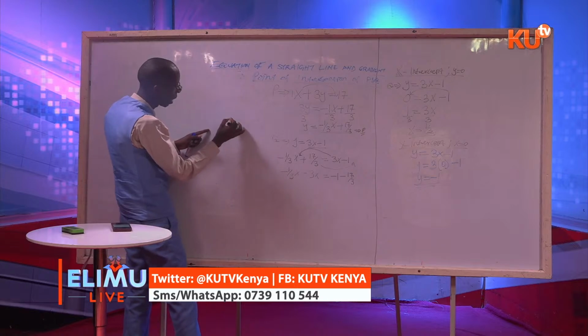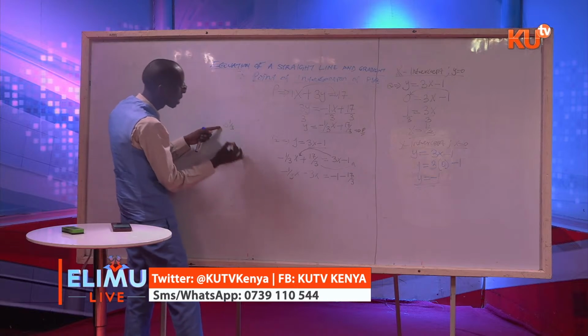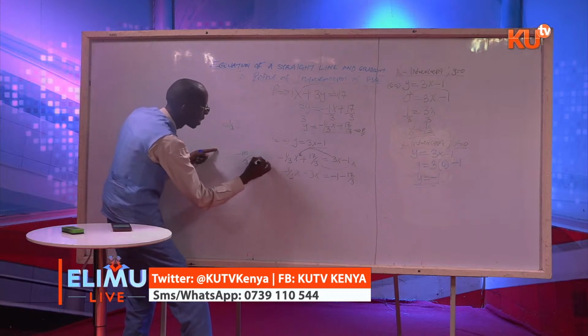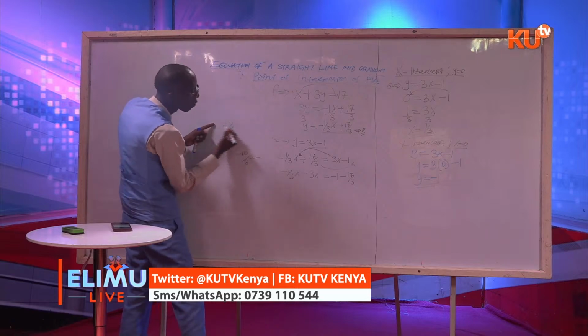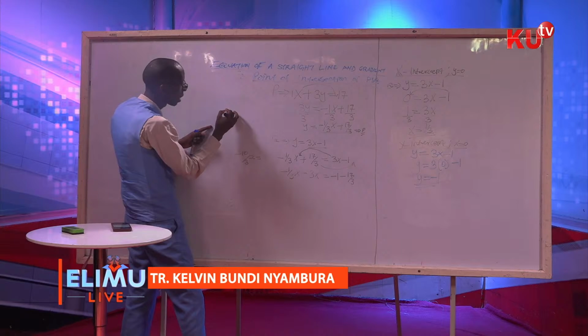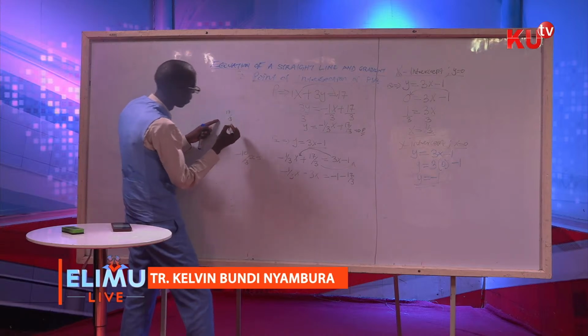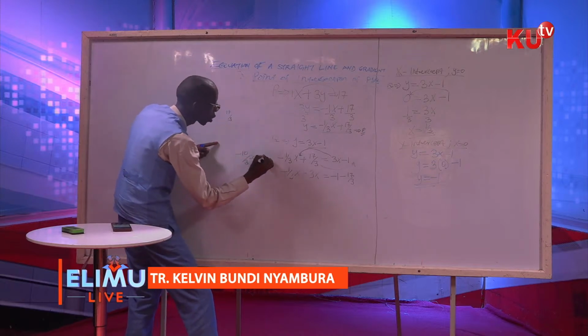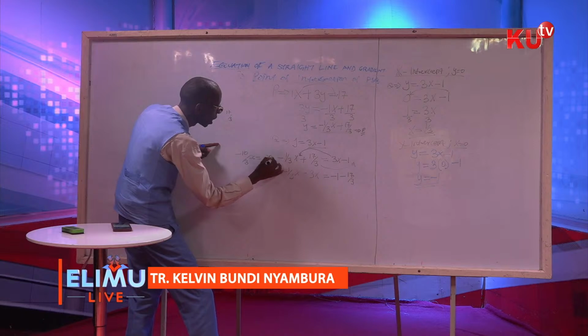That is negative 10 over 3x is equal to negative 1 minus 17 over 3, which will be negative 3 plus 17 over 3, negative 20 over 3.